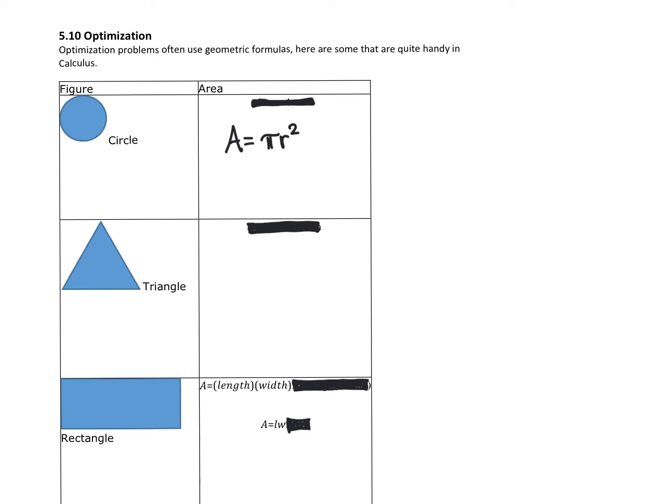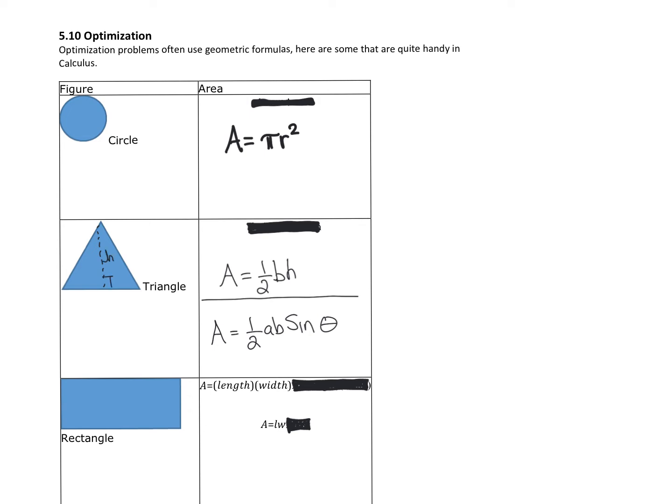For our next one, a triangle, the area of a triangle is 1/2 base times height. We also learned in our trig class that we could write the area as 1/2 AB sine theta if our theta was between the sides A and B. Keep in mind your height for the first one is the altitude.